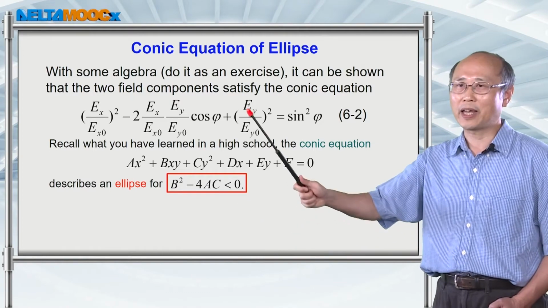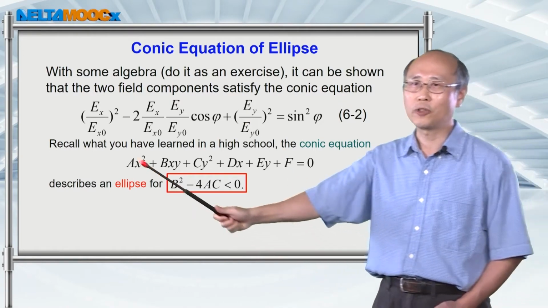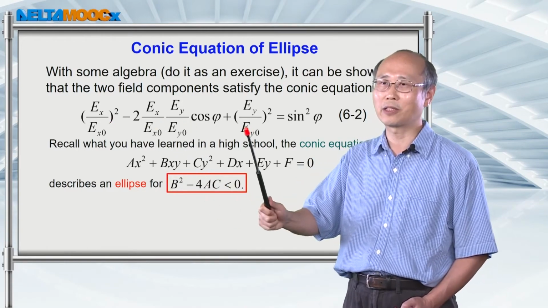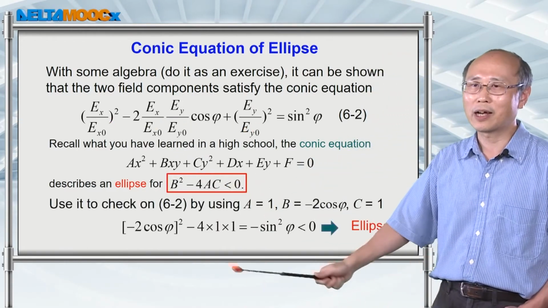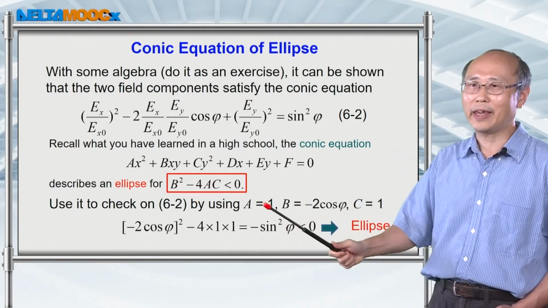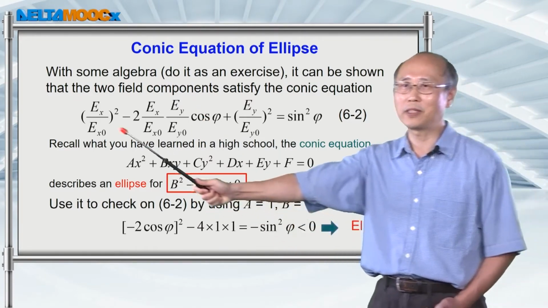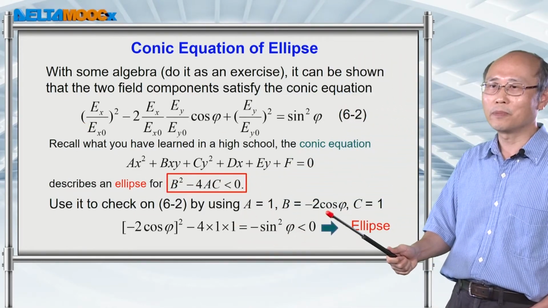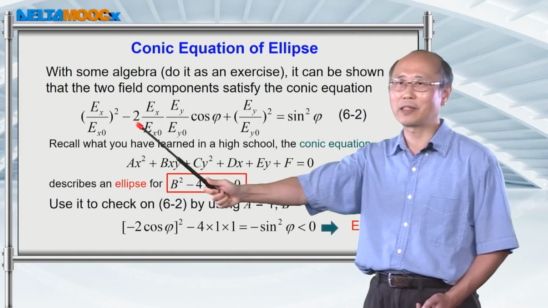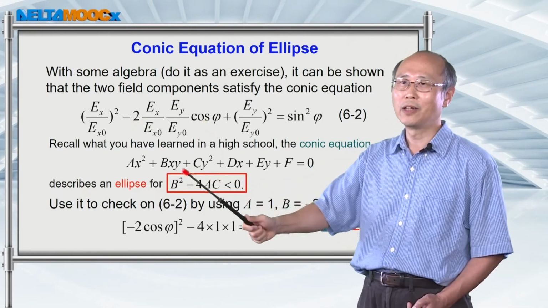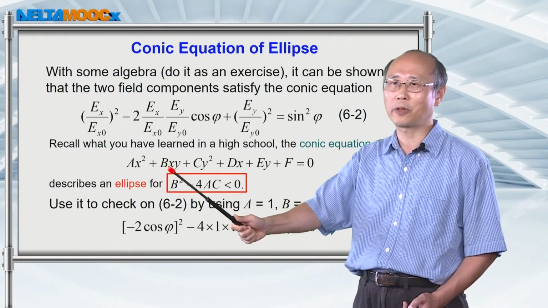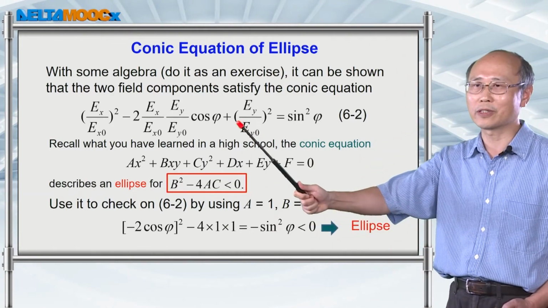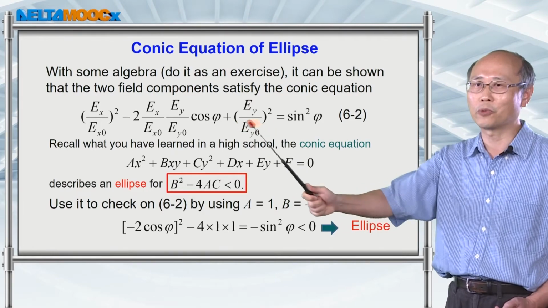So let's do the same test to this expression. Assume this is just your x squared, xy, and this is y squared. So in this expression, a is equal to 1. Basically, this is the coefficient of this term. And b is equal to minus 2 cosine phi, the coefficient of this cross product term. And c, again, is equal to 1 because the coefficient for this term is 1.